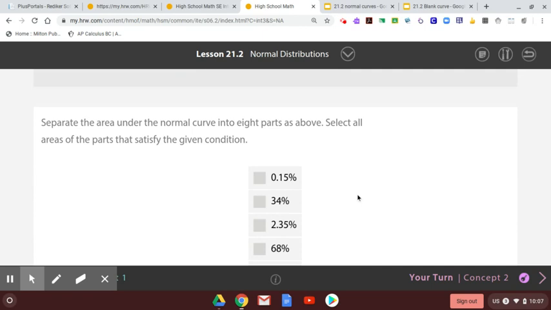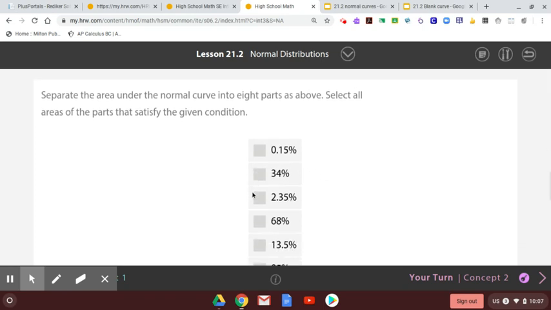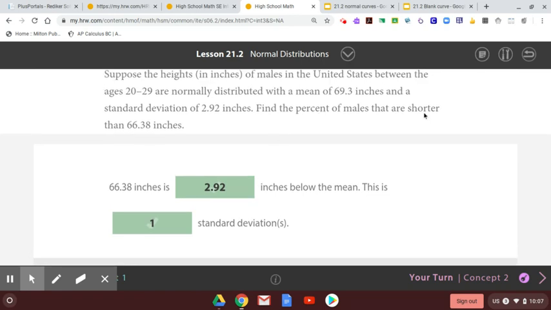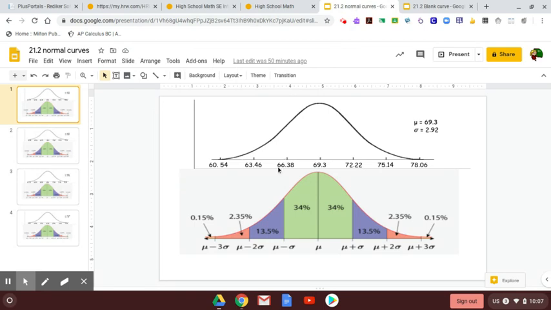Now it says to separate the area under the normal curve into 8 parts as above. Select the areas of the parts that satisfy the given condition. So the given condition, percent of males that are shorter than 66.38. So again, shorter than 66.38, we said we're adding up these 3. So the 0.15, the 2.35, and the 13.5.